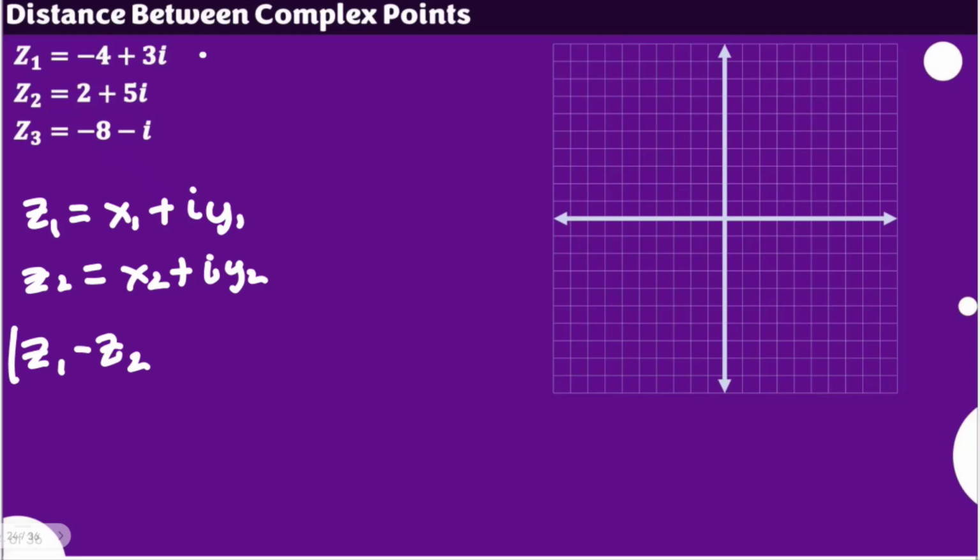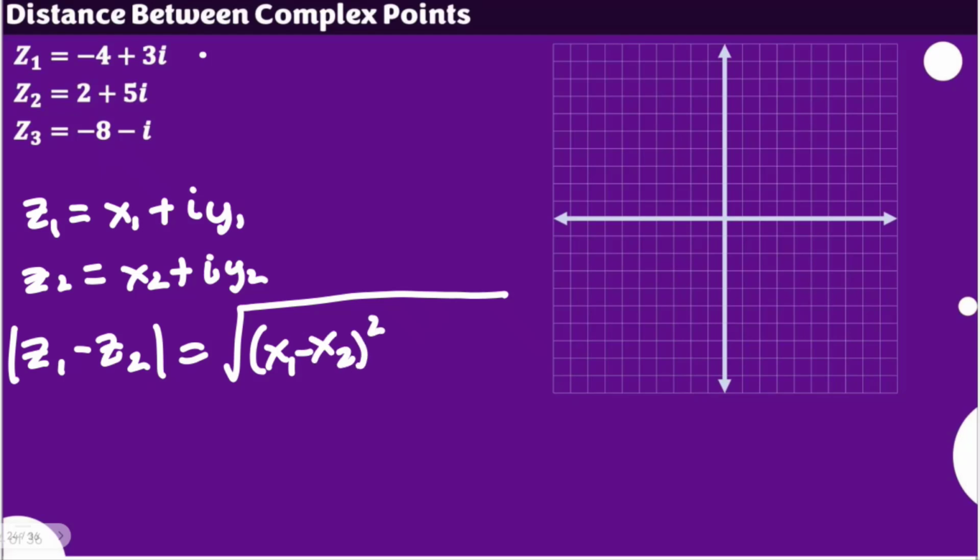It is equivalent to the square root of the squares of the difference of the components. For the real part, you have x sub 1 minus x sub 2 squared, or you can just interchange them, that's still okay, plus y sub 1 minus y sub 2 squared.